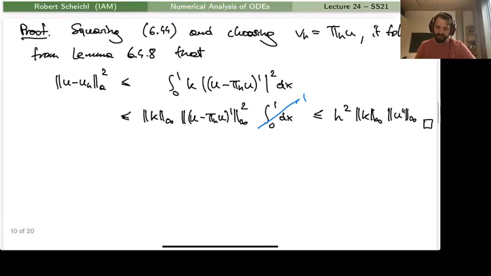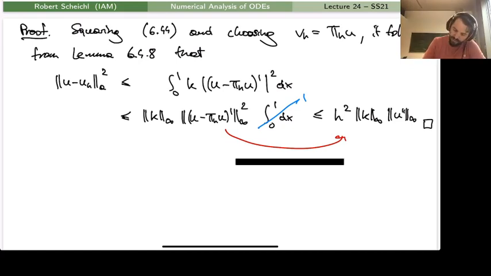So before proving now this lemma that I need, so before proving essentially how to do this step, I make a remark. Remark 6.4.10.